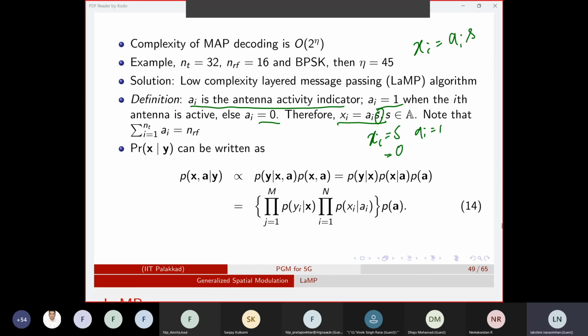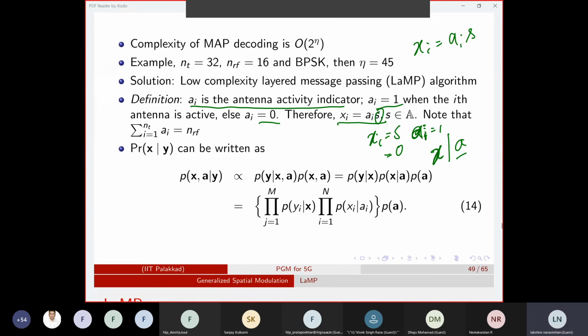So conditioned on ai, if I condition x, the probability of x given ai, then I can know exactly if this x will be 0 or not. If I know a, I won't know the value of x if it is non-zero. But if I know that a is equal to 0, then I know for sure that x is equal to 0.